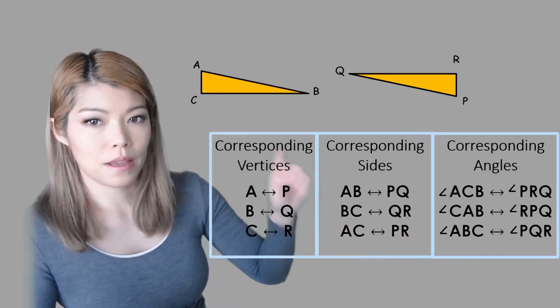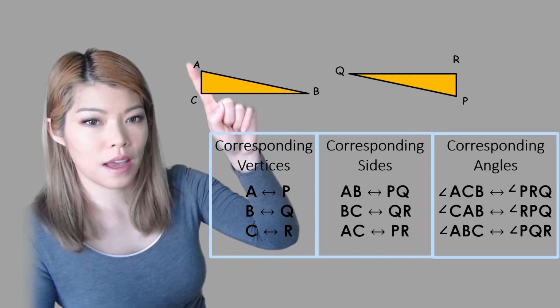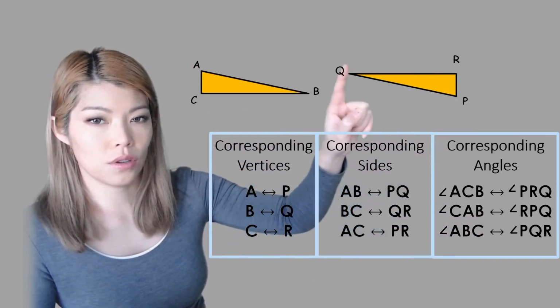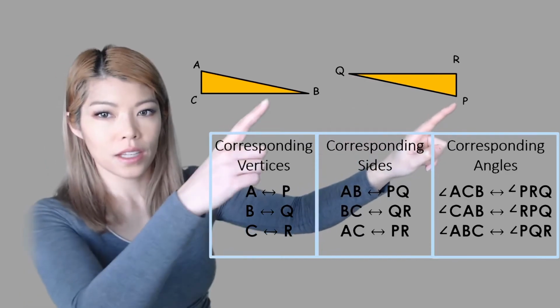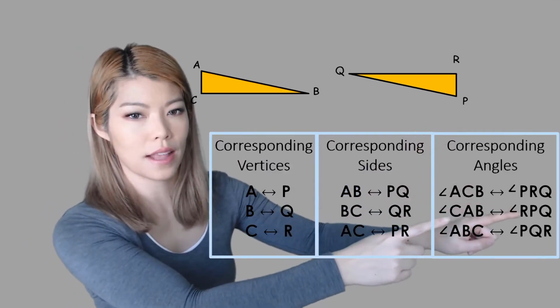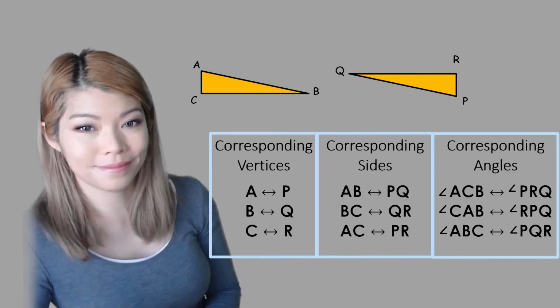So CAB would mean this angle over here, matching with RPQ, which means that. So this angle and that angle is that second sentence over there. So that's how you will write them out.